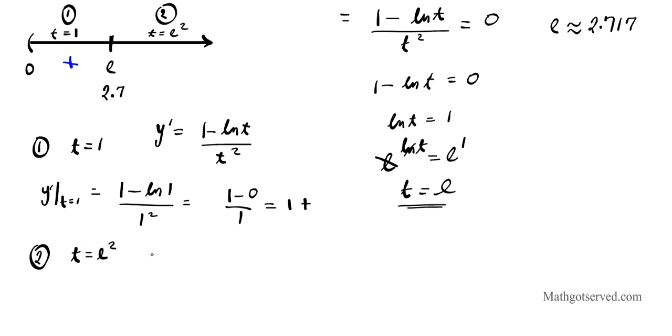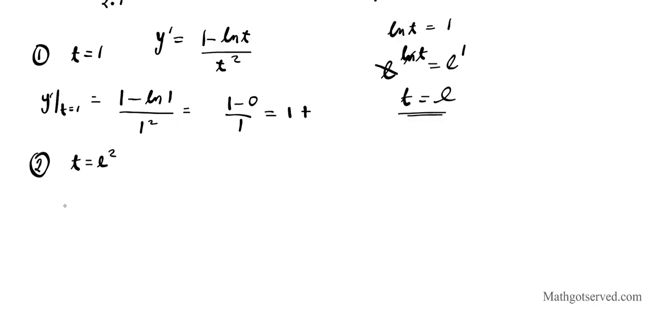Anyway, we're going to evaluate the first derivative at t equals e squared. Okay? So we're going to have 1 minus the natural logarithm of e squared over e squared. Okay? So this becomes 1 minus the natural logarithm of e squared. The ln and e cancel out, so it's just 1 minus 2 over e squared.